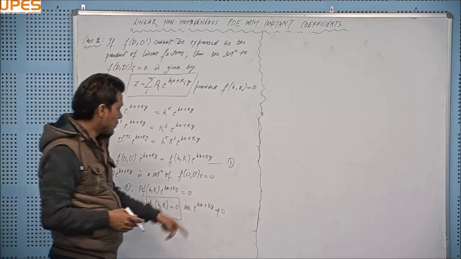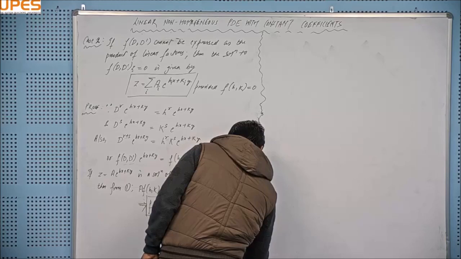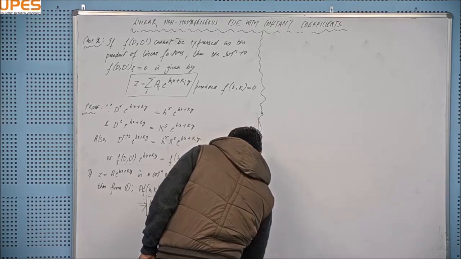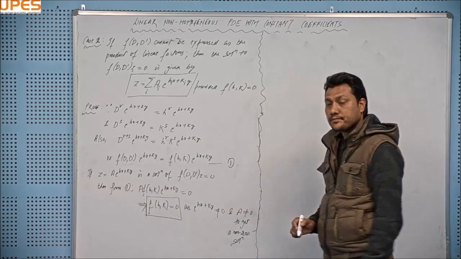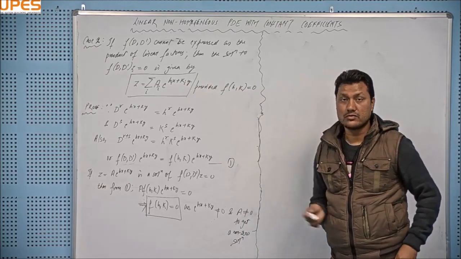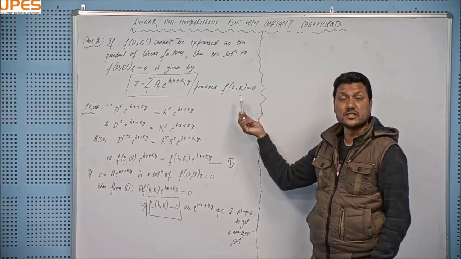So as this is not equal to 0 and A is also not equal to 0, to get a non-zero solution, right? Okay, so that's why the solution can always be written in this form, provided you are able to find some relationship between h and k.